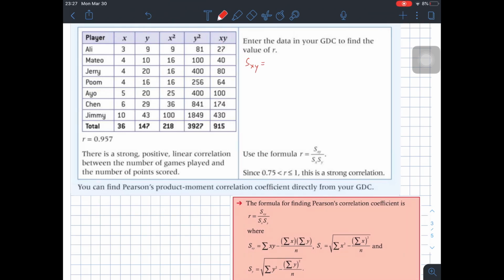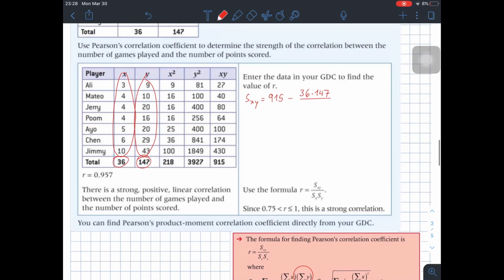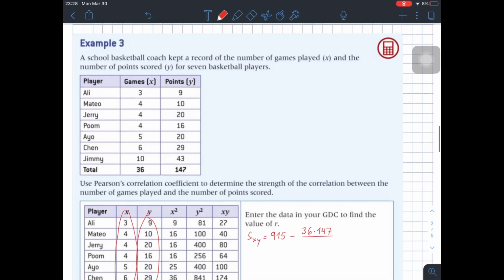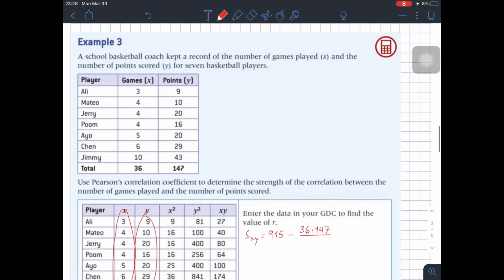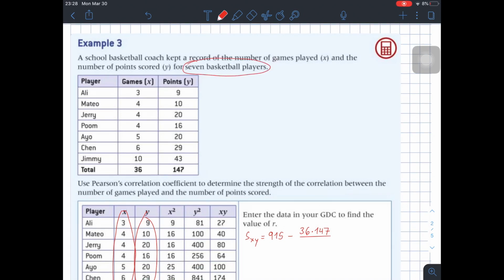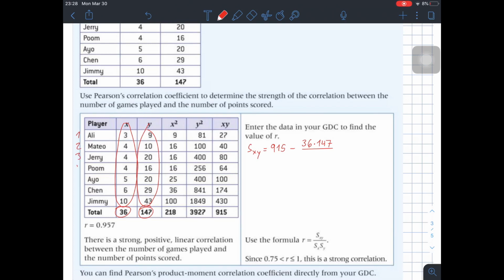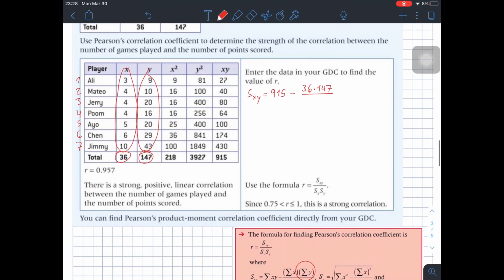So what we're going to write there is 915 directly, minus then the sum of x, the sum of all of these numbers, which is 36, right? Minus 36 times the sum of y, which is the sum of all of these numbers, which is 147, divided by n, where n is the total amount of data we have in this data set. In this case, we have seven basketball players. You can count them here: 1, 2, 3, 4, 5, 6, 7. So we have 7 pairs of information. So the value of n in this case is 7.